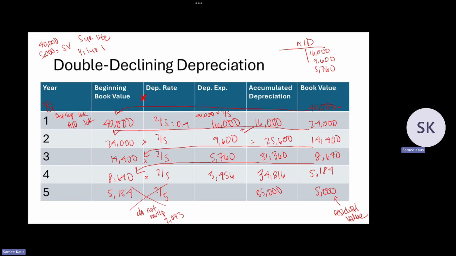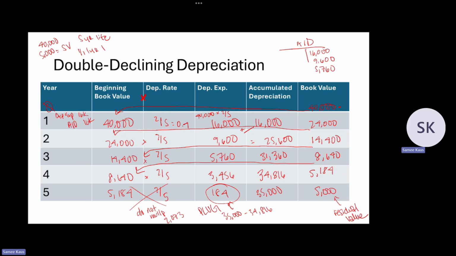So in my last year, I use this as a plug figure, or a fill figure, saying, hey, I only have 35,000 in total accumulated depreciation I can take. As of the end of year 4, I've taken 34,816, so I can only take an additional 184. Again, that becomes a plug figure.